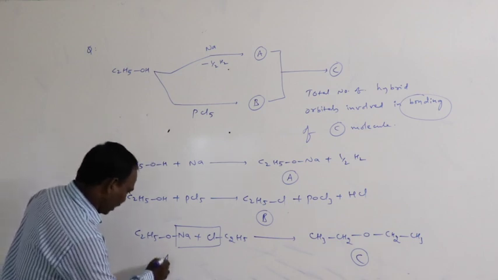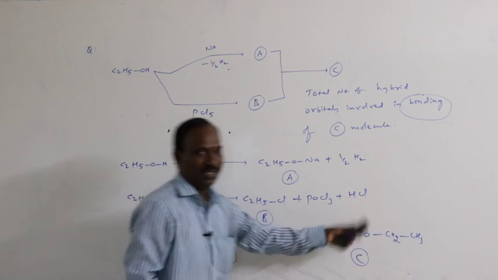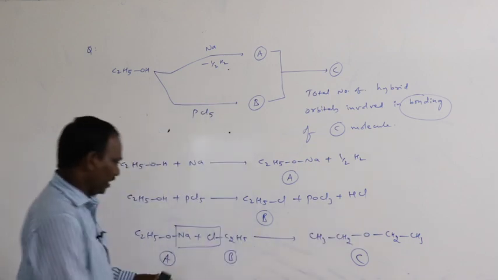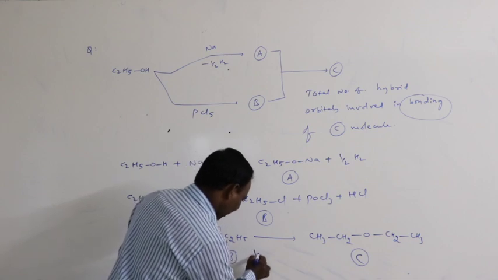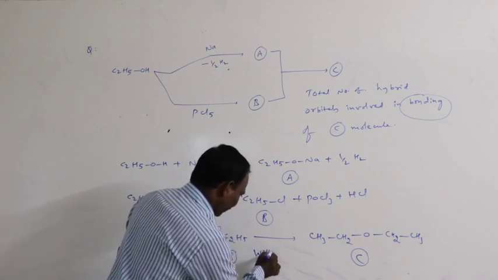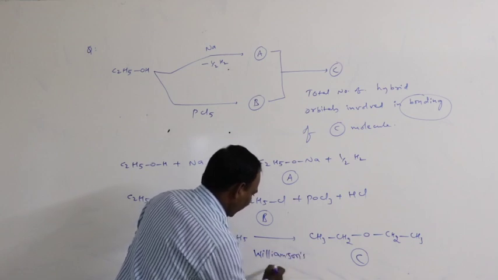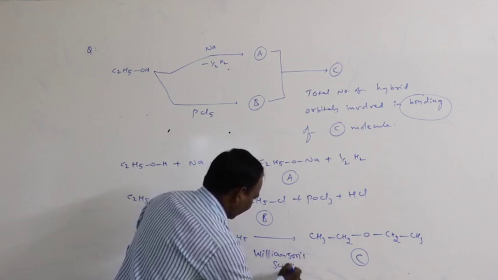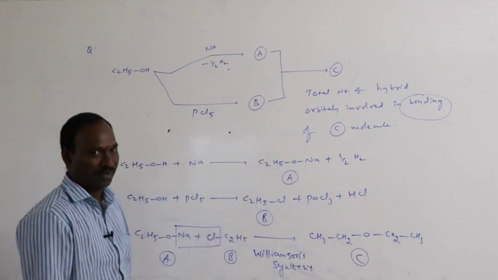Here A and B compounds combined together to form ether. Especially A plus B reaction is called Williamson's synthesis of ether formation.